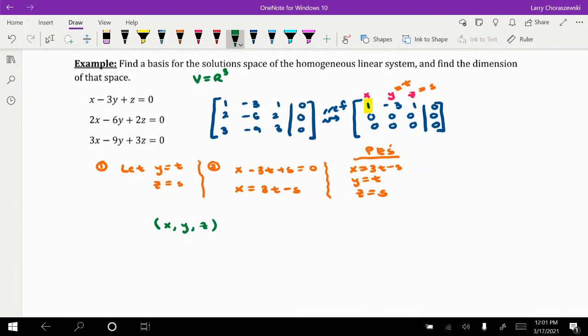But like we were doing before, I prefer to rewrite this in terms of the parametric equations. So the first component would consist of the expression 3t minus s. The next component will consist of the parameter t, and then the final component will consist of the parameter s.